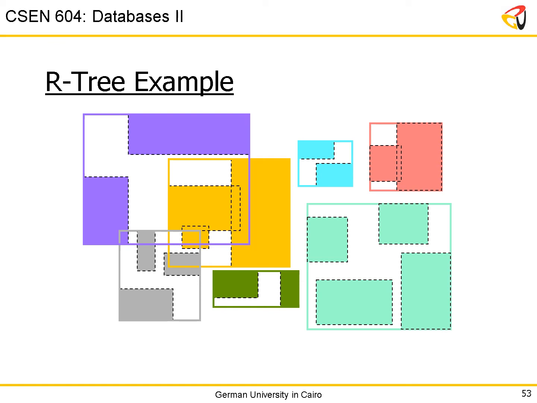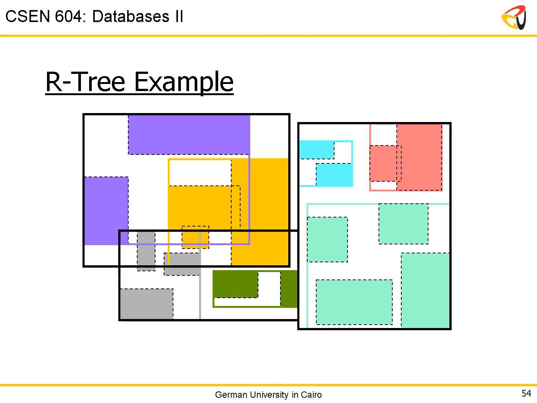So I am basically grouping the ones that are close together into a bigger bounding box. Now what I'm going to do next is continue to do the same thing over and over again. So now I have grouped the 3 groupings on the right into one bigger bounding box because they are closer to each other in terms of the center than anything else. And I did that also for the other 2.